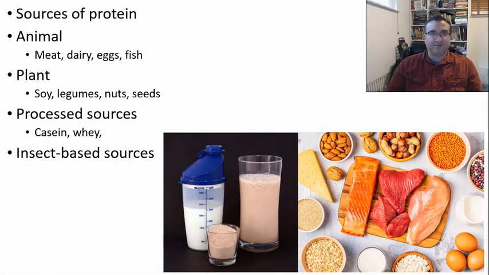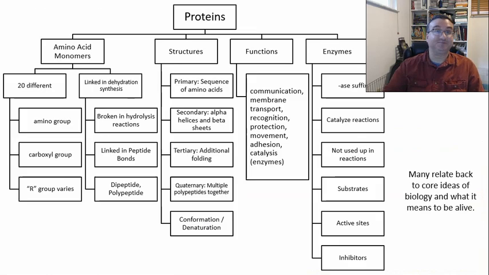But we can also reflect on the wider world. There are groups of people who get the major source of protein by eating insects. That might be different from what you're used to. But proteins are such an important part of our diet that people find ways to acquire those nutrients.